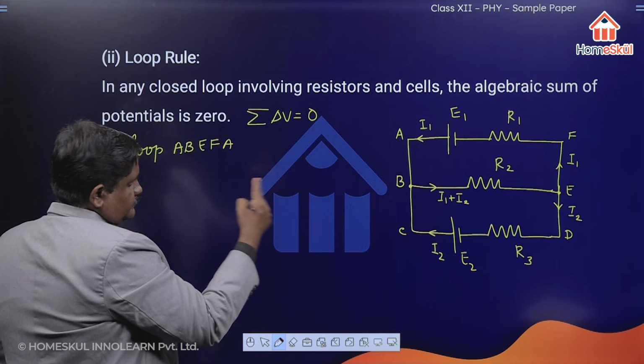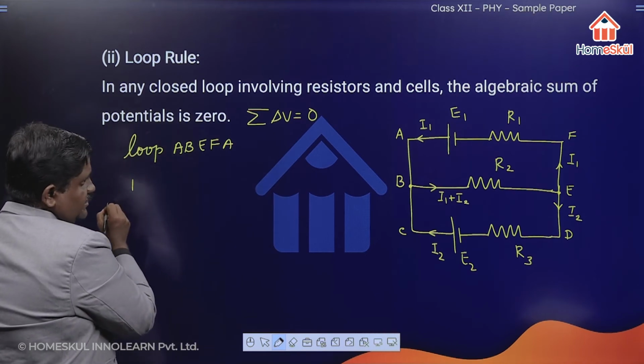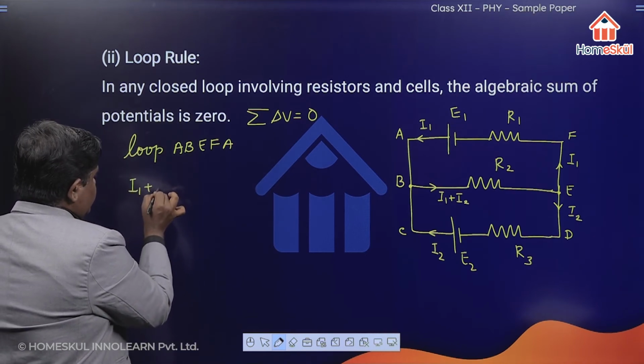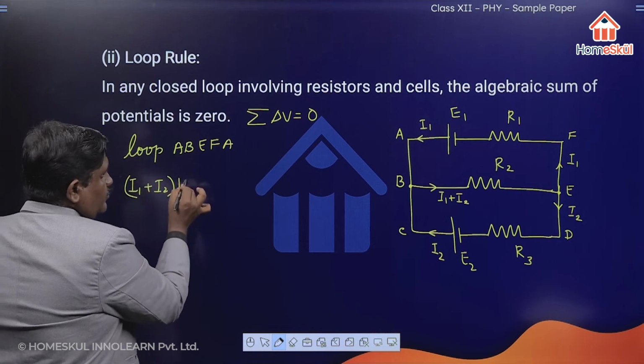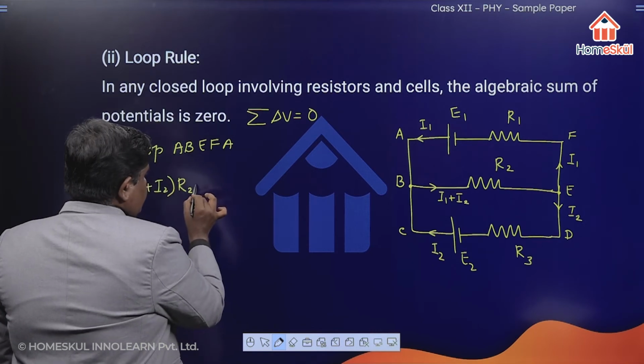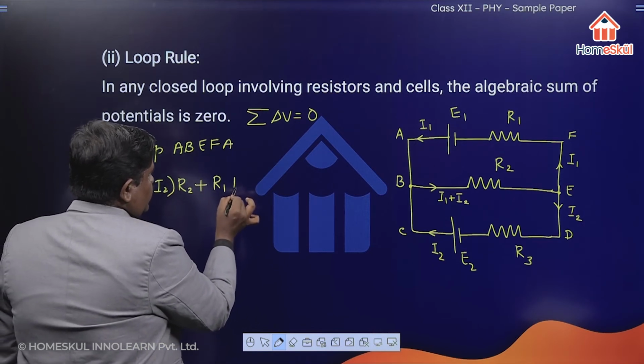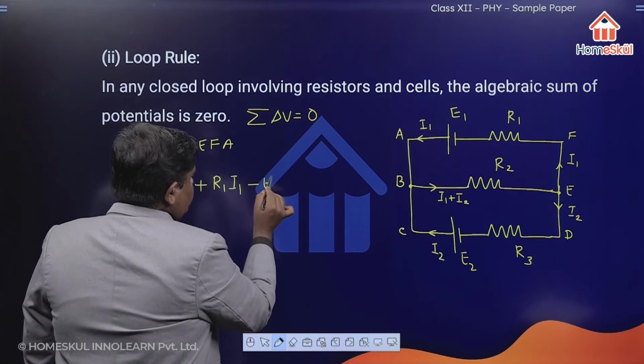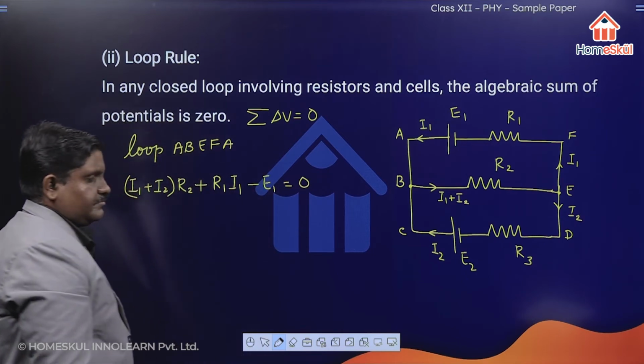For that, we have to write this as I1 plus I2 into R2, then plus R1 into I1 minus E1 equal to 0.